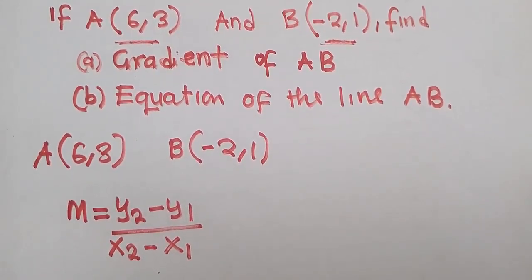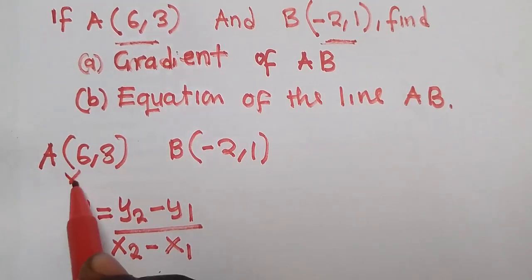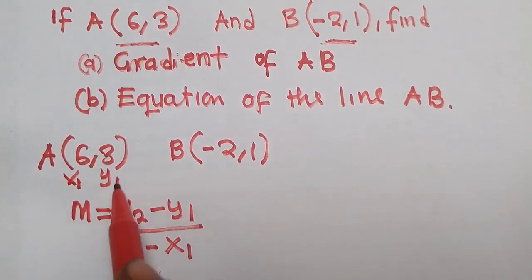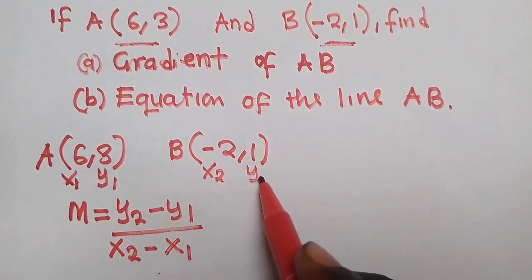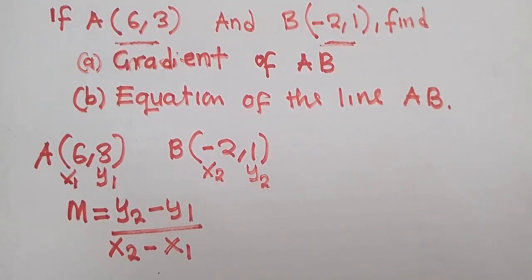This is the formula that we use, and you also need to understand it. Where are x1 and y1 coming from? This is x1, this is y1, this is x2, this is y2.